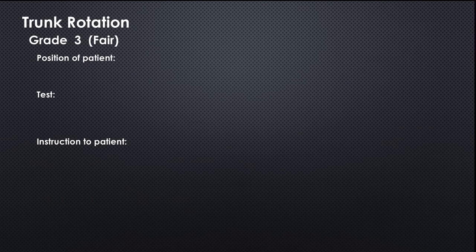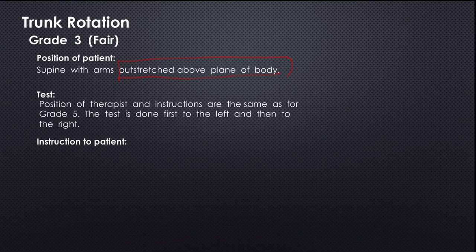So for grade 3, position of the patient: supine with arms outstretched above the plane of the body. Test position of therapist and instructions are the same as grade 5. The test is done first to the left and then to the right.